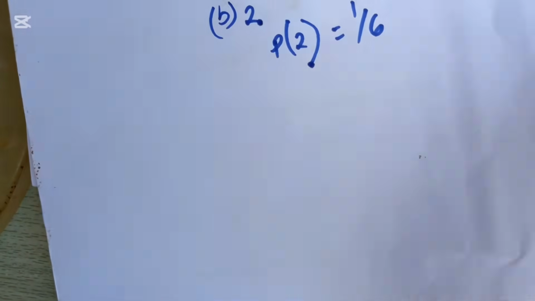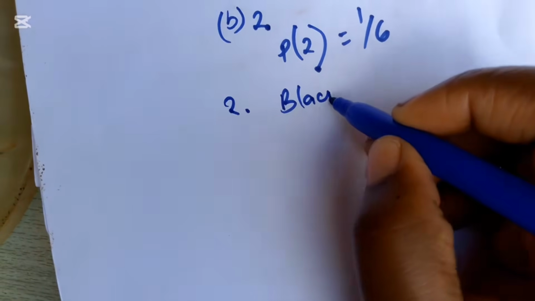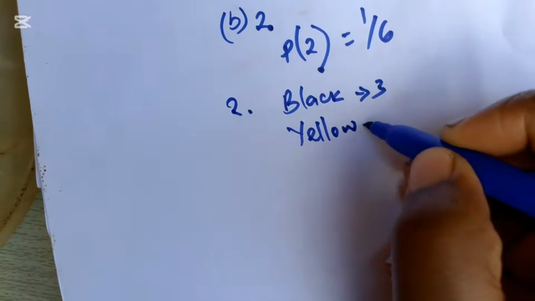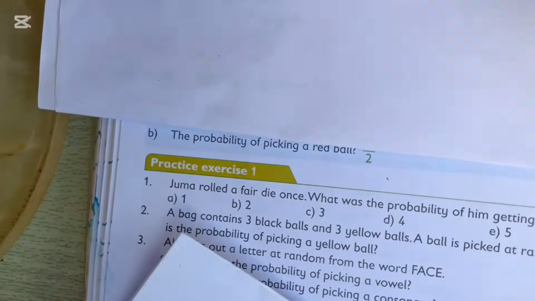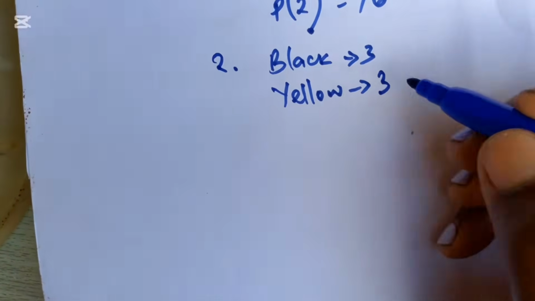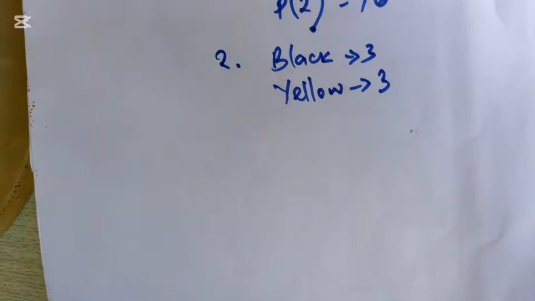A bag contains 3 black balls, so black are 3. Then we have yellow balls. How many yellow balls? We have 3 again, 3 yellow balls.